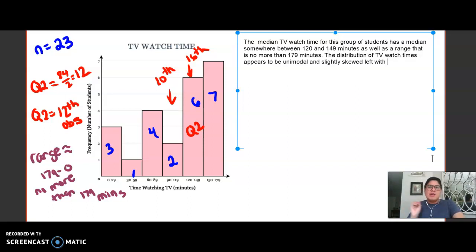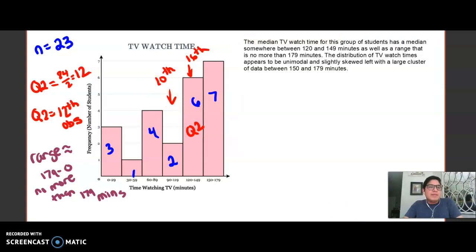Where is the peak? So here I see the distribution of TV watch times, sorry, I forget I'm flipped. It's slightly skewed to the left. And there is a peak in the data, so I'm going to say with a large cluster of data between 150 and 179 minutes. All right, there we go.